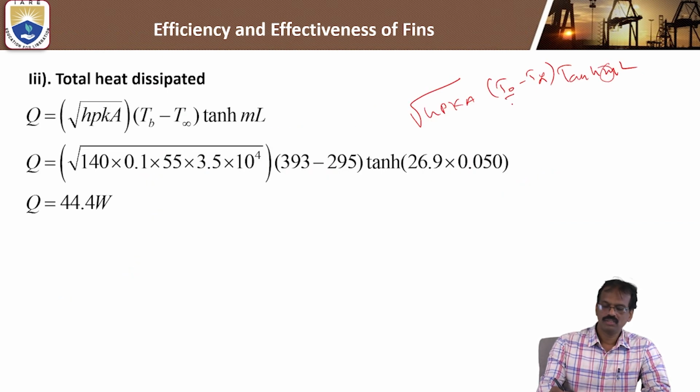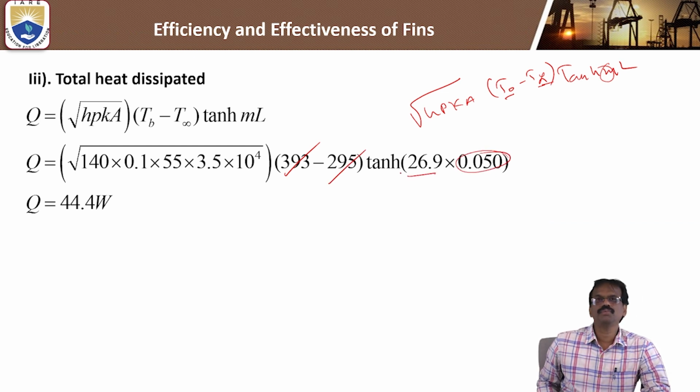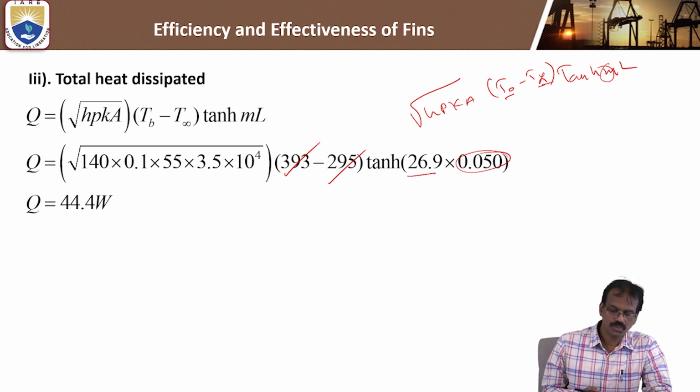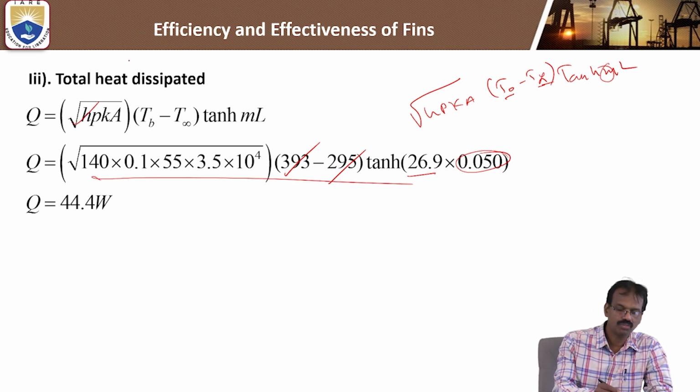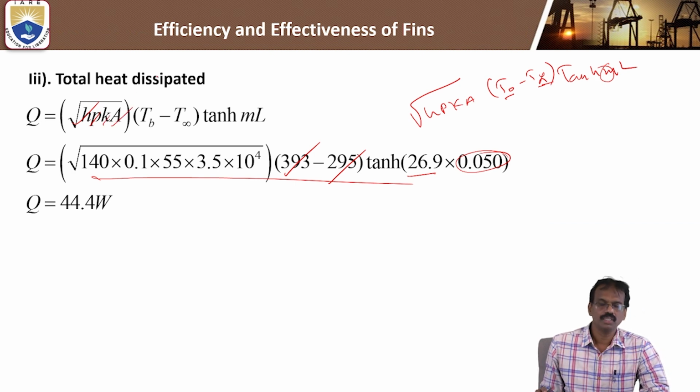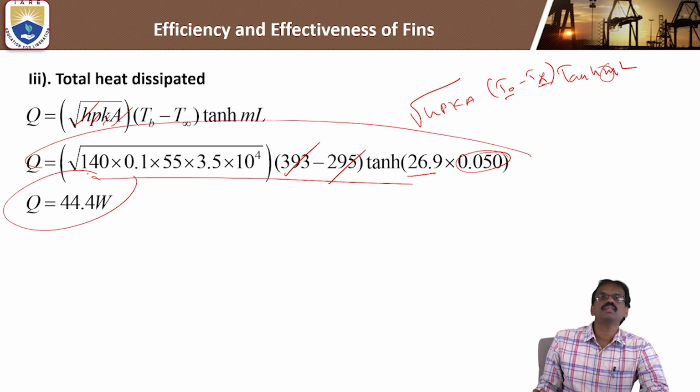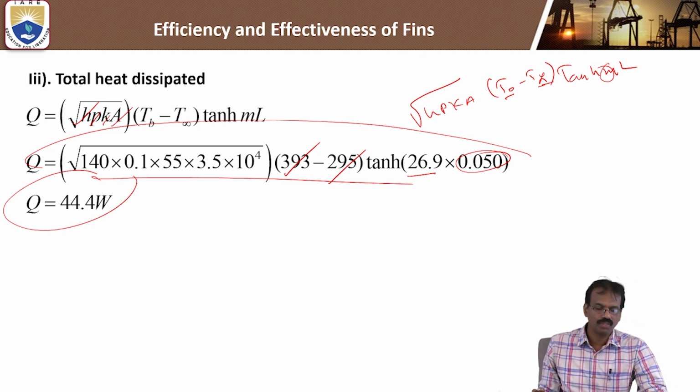T naught is 393, ambient temperature is 295, and the L value is 50 mm, which means 0.050. If you substitute all the values, h value you know, P you know, k and area you also know. You will get the heat dissipated by the fin. Q is equal to 44.4 watts.